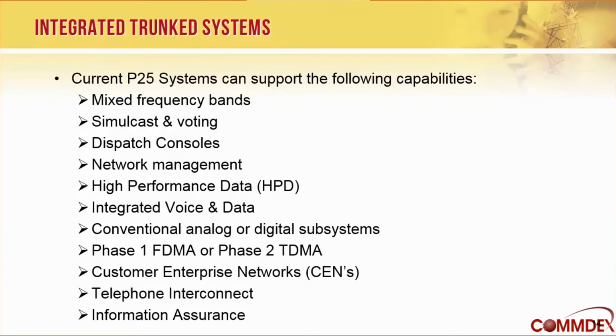And it's very common, for instance, for a county level or a commercial trunk system to employ simulcast and voting for wide area coverage. And the system can also support dispatch consoles, especially for first responders, where you have 911 dispatchers who can also operate dispatch consoles to talk to the radios.